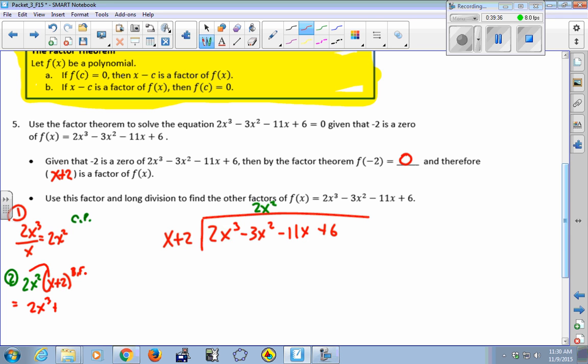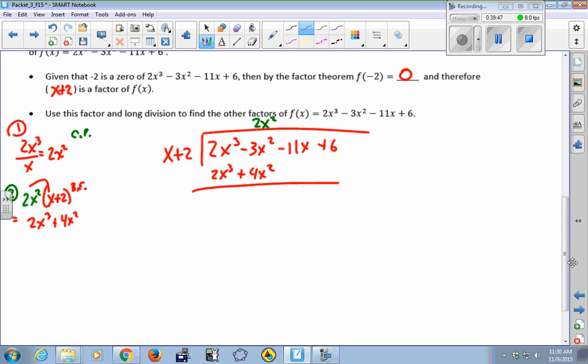Okay, so I write my 2x cubed plus my 4x squared here. Now what do I do? Someone else, step 3? Switch the signs, which means I subtract both of them. So I subtract 2x cubed and I subtract 4x squared, and that means I change both signs. There they go.